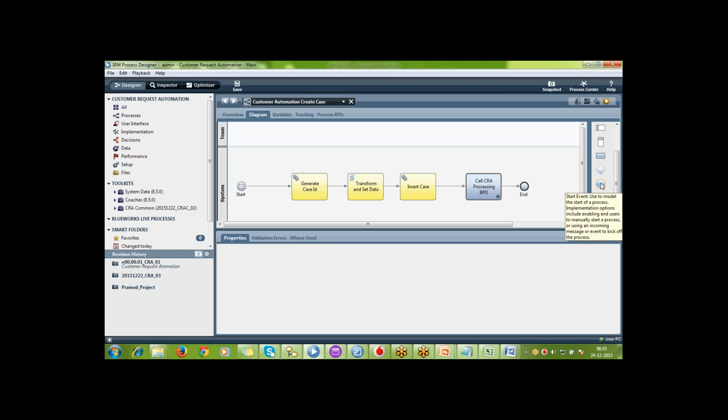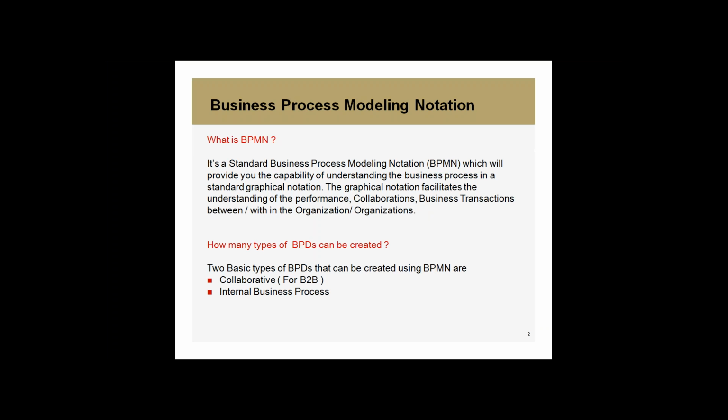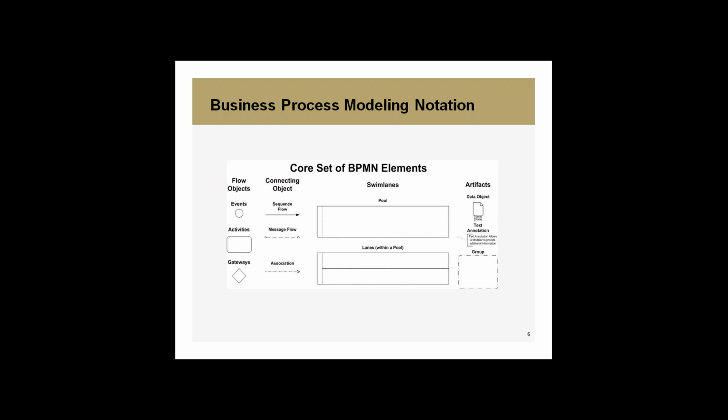In events, the symbol is common: this is start, this is intermediate, and when it is thickly layered, we call it end. These are the flow objects we are using.